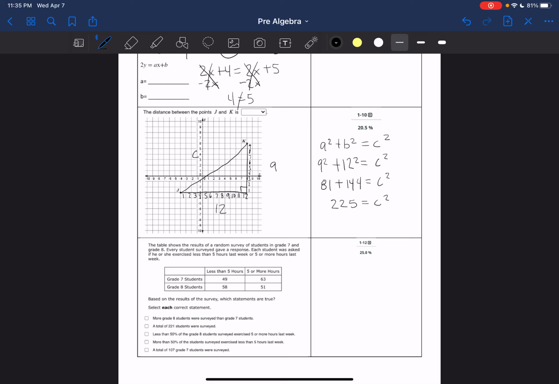And if I just want to get c and get rid of that squared, I would take the square root. And the square root of 225 is 15. So that would be the distance between J and K. You could have also decided to use the distance formula.